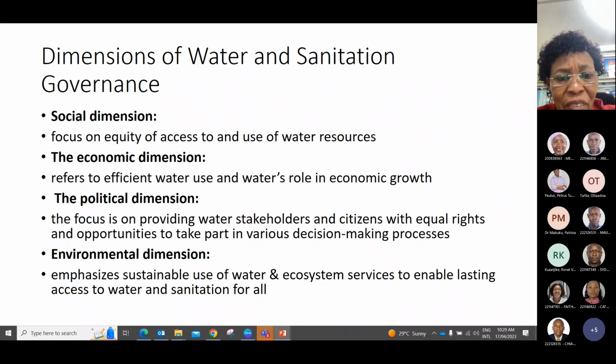This refers to efficient water use and water's role in economic growth. Much as water is regarded as a free good, maybe its occurrence is free: rainwater, river, lake, ocean.